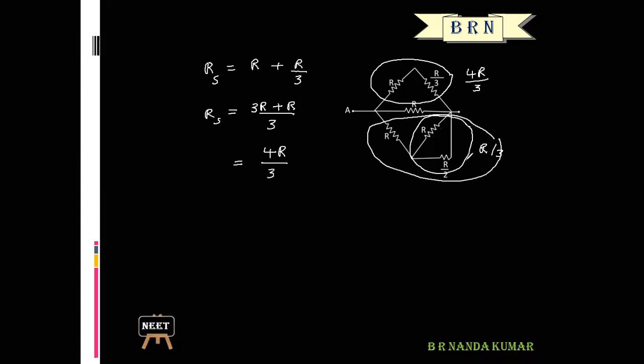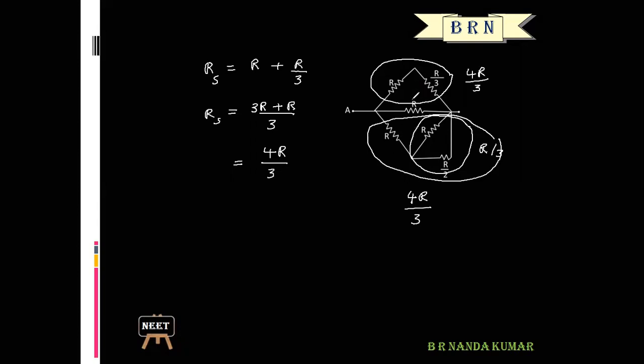So here R by 3 and R are again connected in series. What is the effective resistance? 4R divided by 3. So finally here we have 4R by 3, 4R by 3 and 4R by 3.